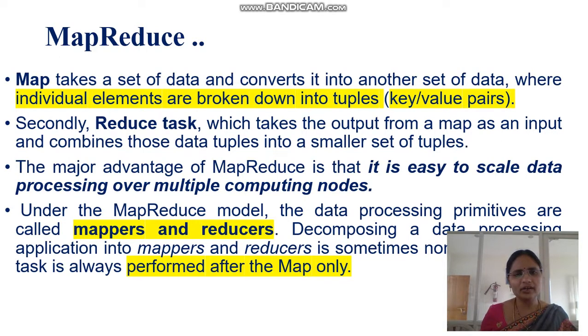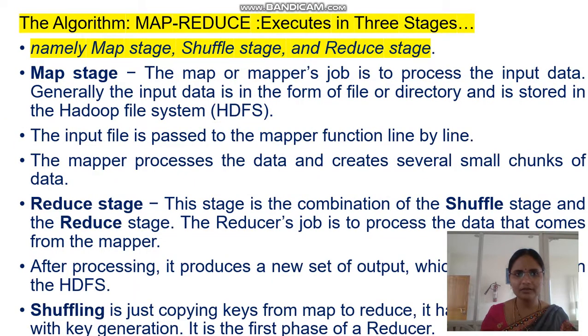The major advantage of the MapReduce processing technique is that it is easy to scale data processing over multiple computing nodes. Let us come back to the MapReduce algorithm. From the name, we can say that there is a map stage and a reduce stage.